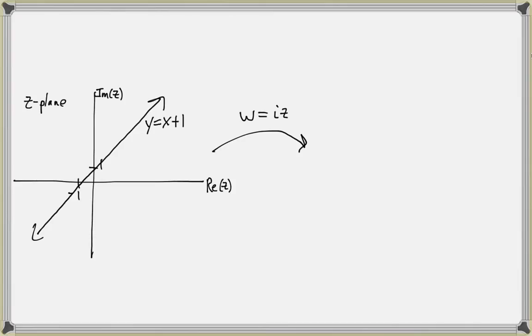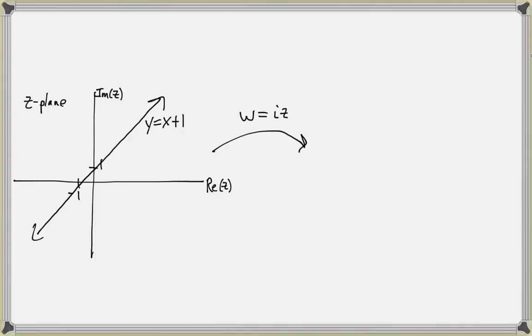So to visualize this transformation, let's look at the graph of the line y equals x plus 1 in the z-plane. And we already looked at the transformation w equals iz as a rotation counterclockwise by pi over 2 radians.